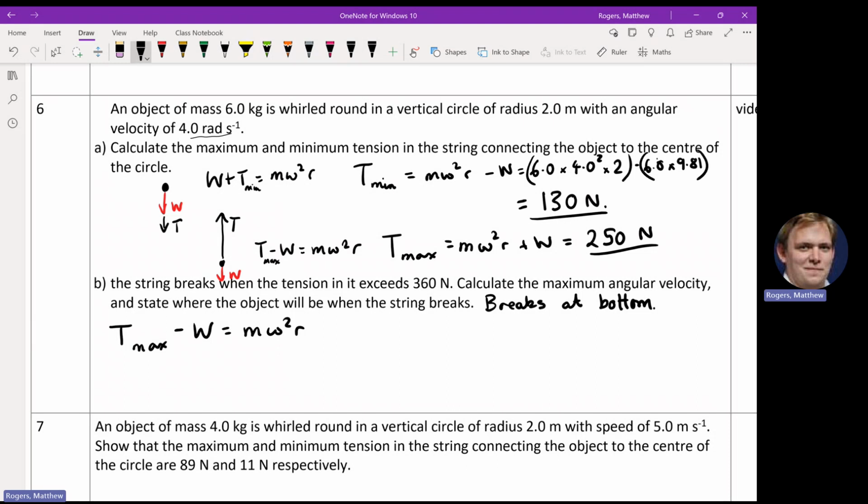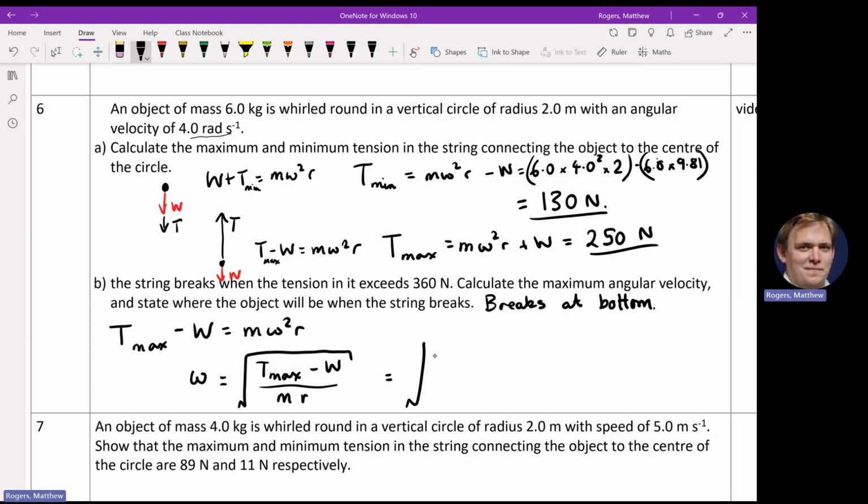We're trying to find the maximum angular velocity omega, so we're going to rearrange this for omega. Omega is T max minus W over m r, square rooted.